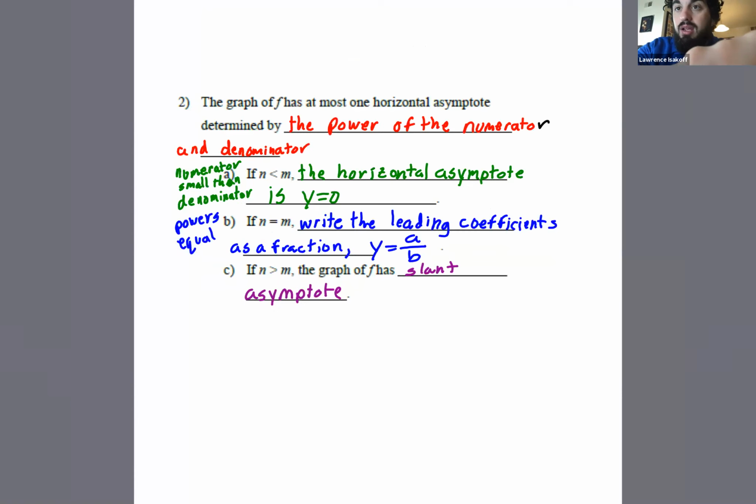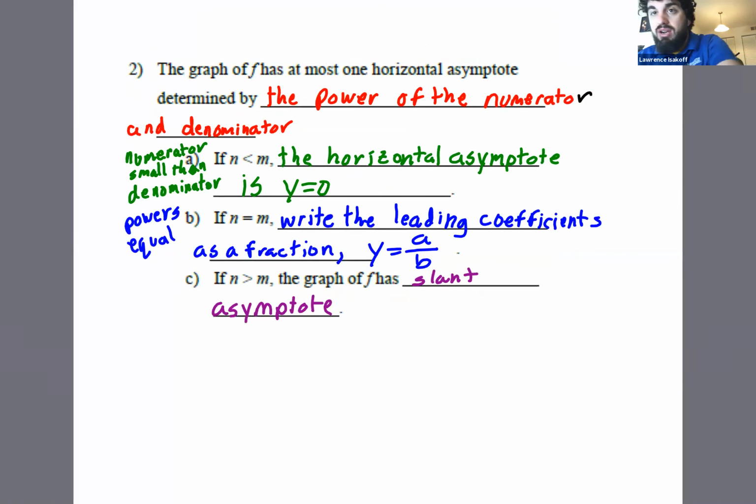Okay. Now, horizontal asymptotes. The graph of f has at most one horizontal asymptote determined by the power of the numerator and the denominator.